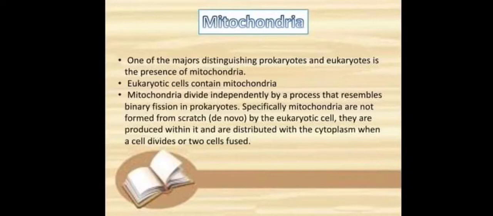Therefore, although these organelles are highly integrated into the eukaryotic cell, they still reproduce as if they are independent organisms within the cell. However, their reproduction is synchronized with the activity and division of the cell.